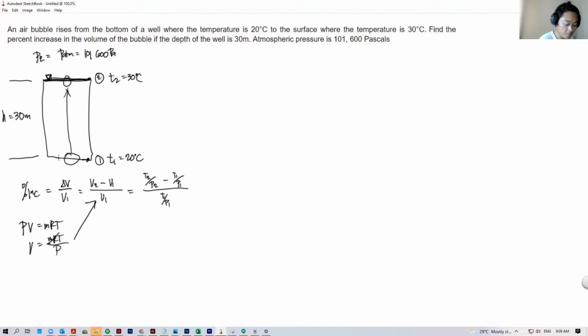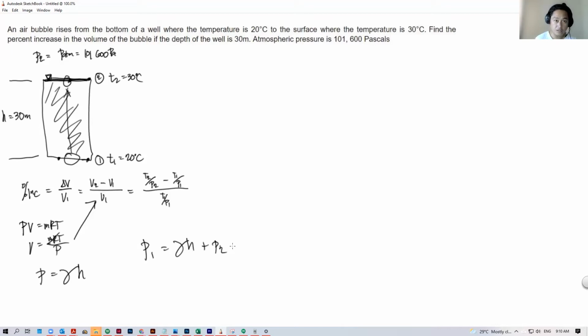At point 1, you can just recall the basic pressure. That should be P equal to the specific weight of whatever fluid times the height. If we apply that here, this is just the variation of pressure in fluids. So the pressure here, that's P1, is basically the pressure of whatever fluid is inside the well, the specific weight of that fluid multiplied by the height, which is 30, and we add the pressure on the surface here, that's P2.